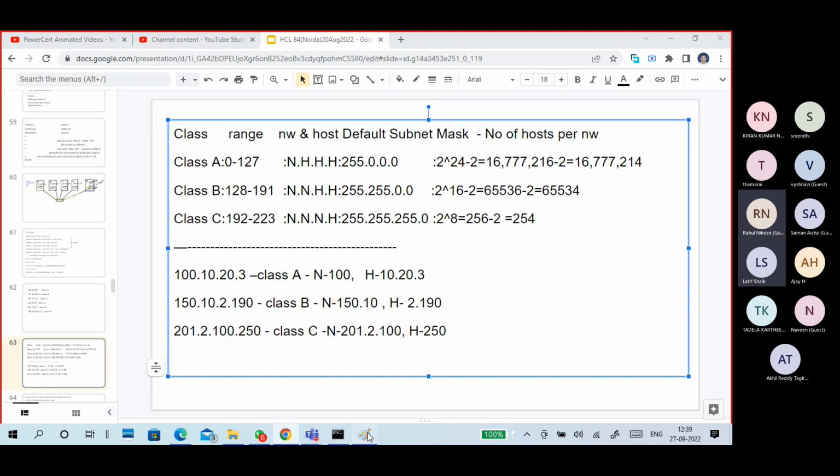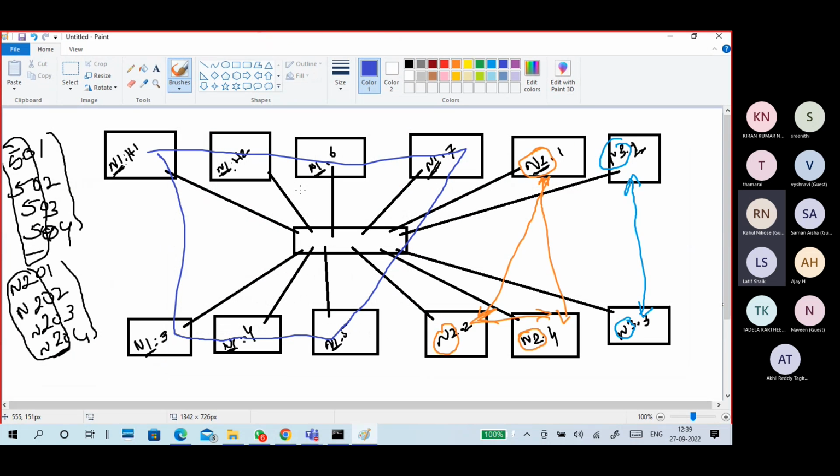Okay, so what is the advantage? You want to make sure that these PCs should not communicate with these PCs, right? You don't want communication between these networks. The same thing goes here. You don't want communication between these PCs because they are in different departments. So by changing the IP address or network address, they are different, and automatically they won't communicate with each other by default.